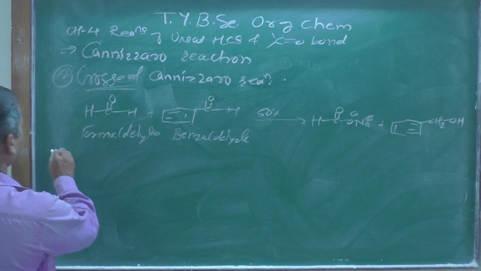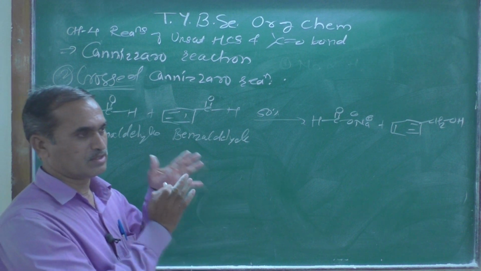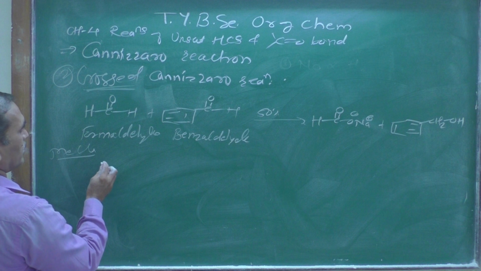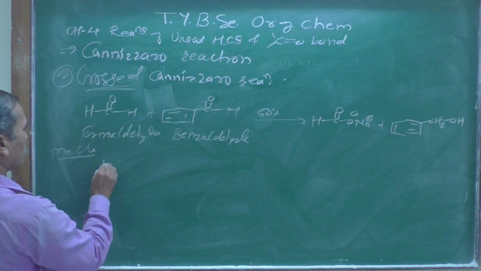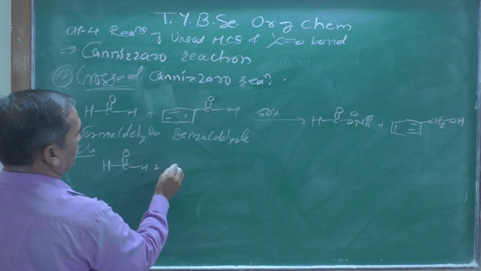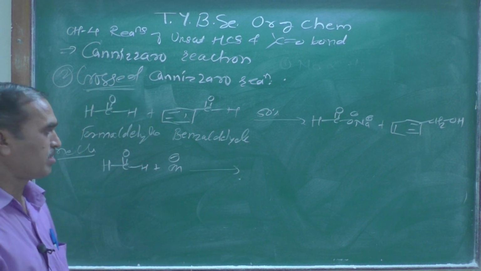Right? Now let us look at the mechanism here. The mechanism is similar to the simple one, and we are going to see what happens here. Let us see: formaldehyde, H, C double bond O, H, will be treated with OH minus. Where is that OH minus coming from?